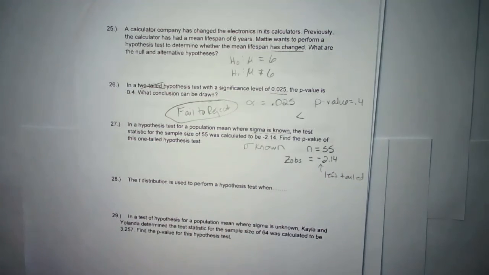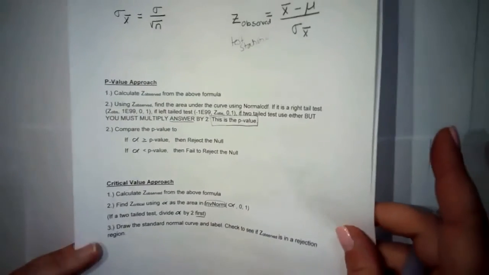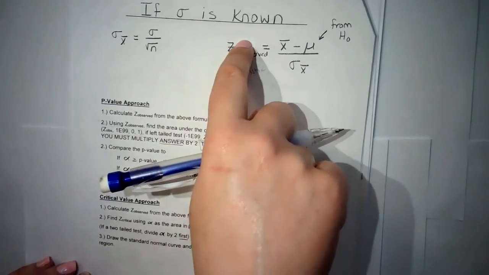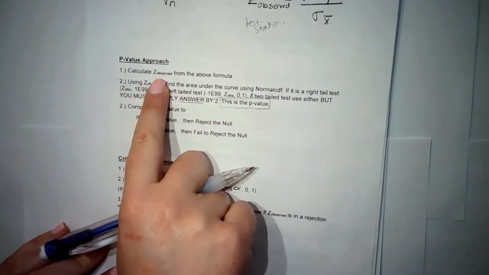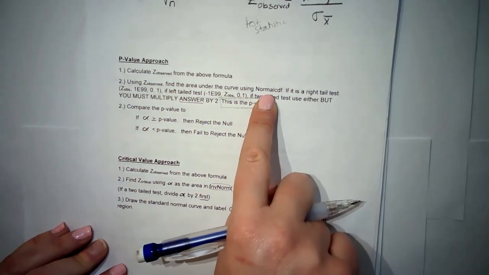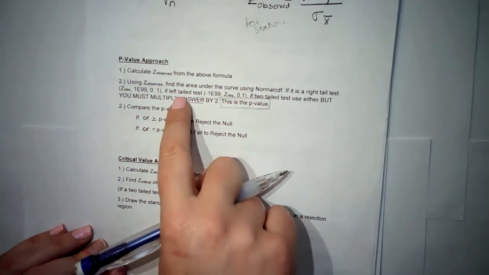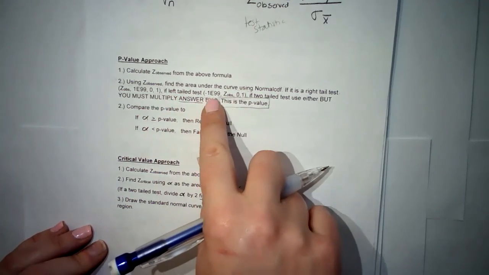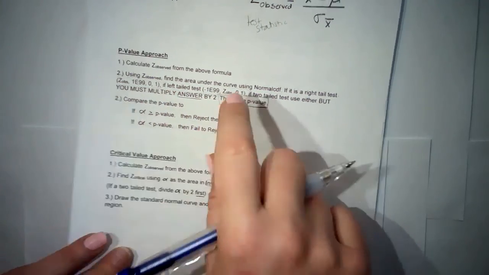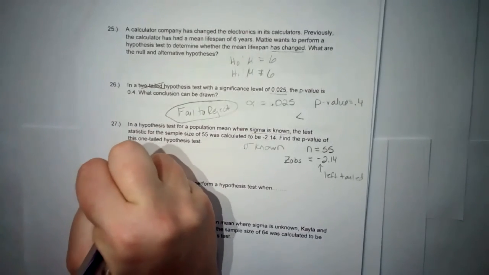Okay, so sigma known, p-value. We have Z observed already. That's our test statistic. We're going to do normal CDF. And we already said we're pretty sure it's a left-tailed test, right? So here's what we're going to use, just like this. We're going to do normal CDF.